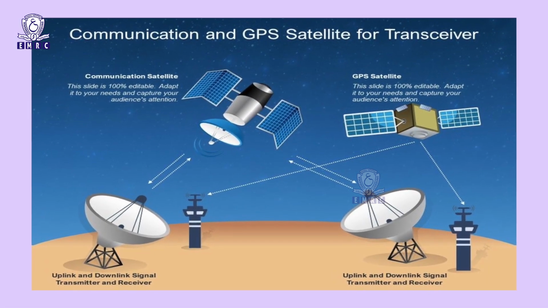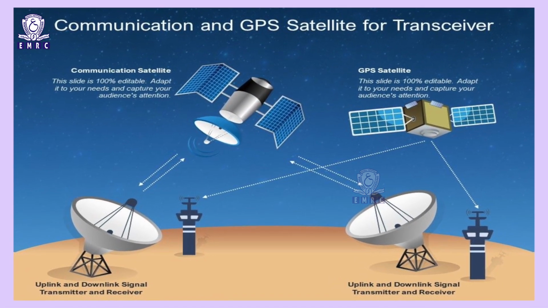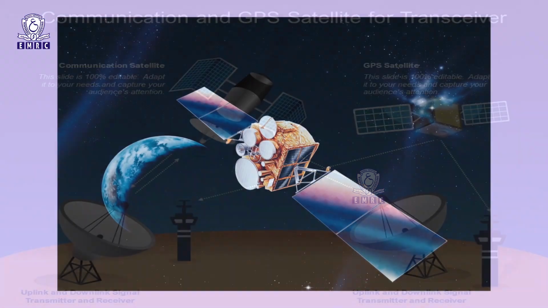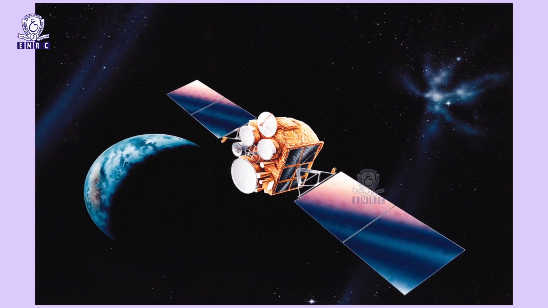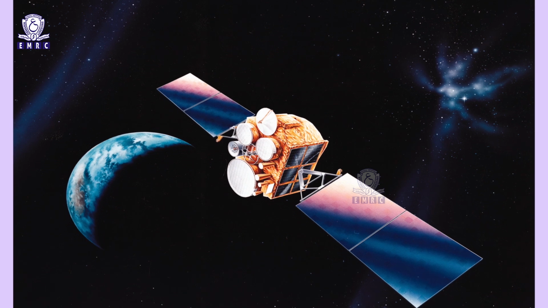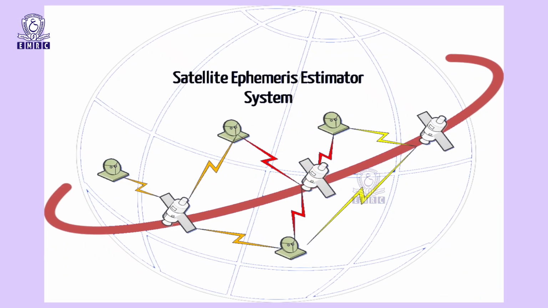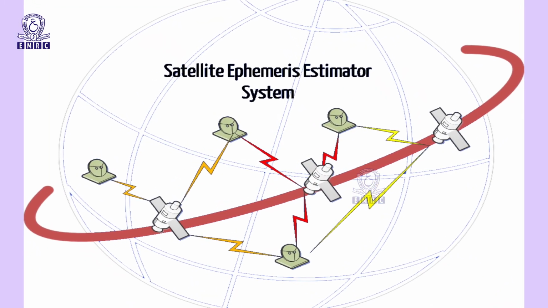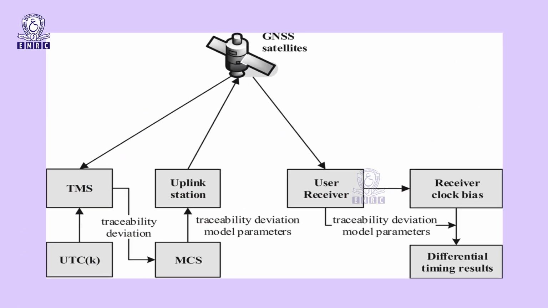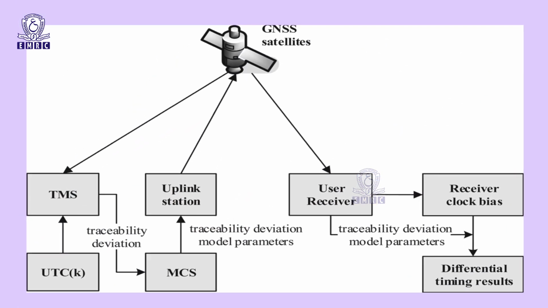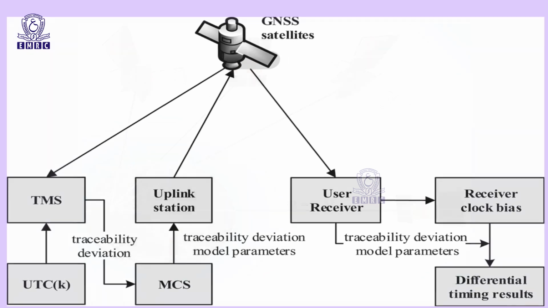This information is then passed on to the master control station at Colorado Springs via the secure DSCS, Defense Satellite Communication System, where the satellite position, ephemeris, and clock timing data, more about these in a later session, are estimated and predicted.